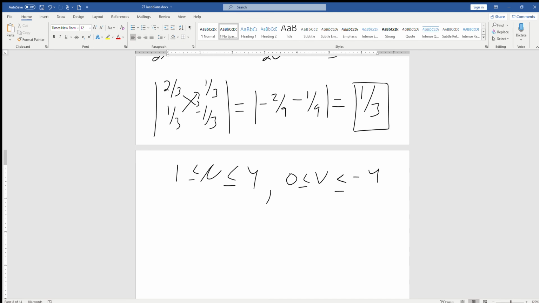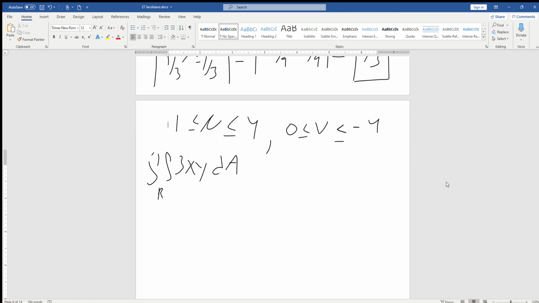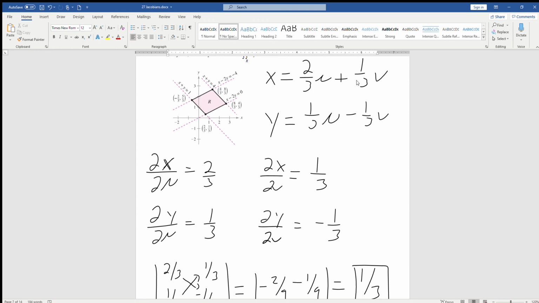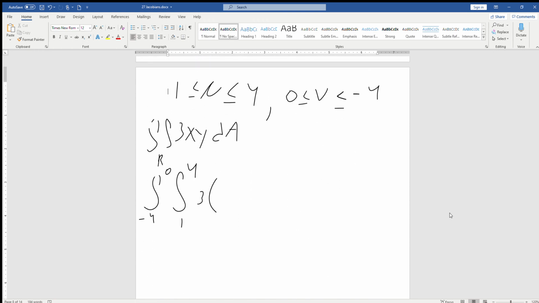We had the double integral of some region R, 3xy dA. That was the original problem. So here's what's going to happen. We're going to have negative 4 to 0, 1 to 4, where we said that x was 2/3 u plus 1/3 v, so that's 2/3 u plus 1/3 v, times y.